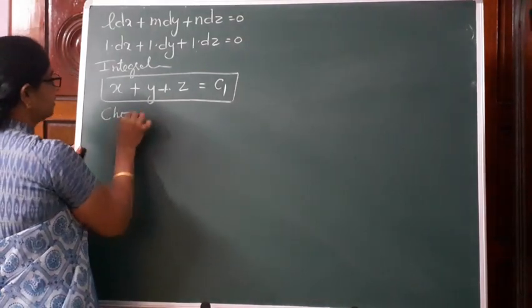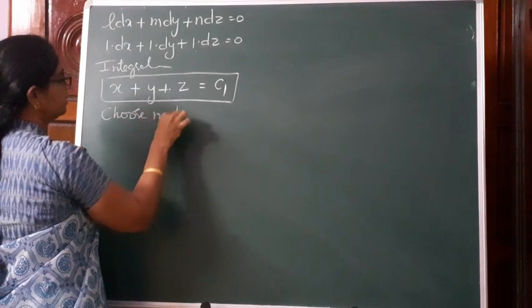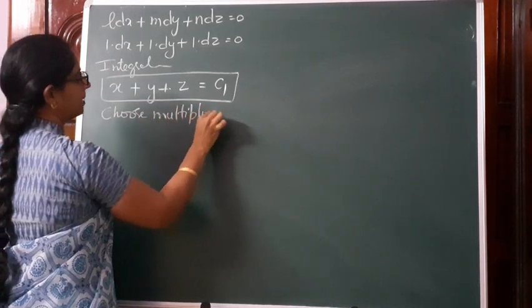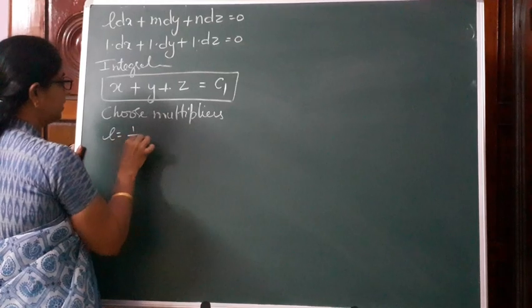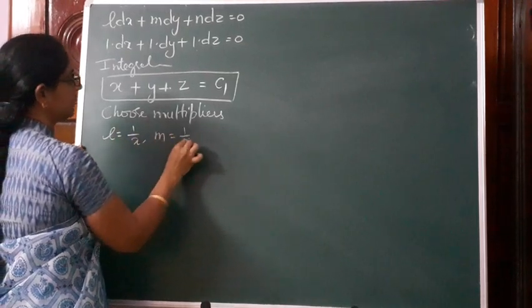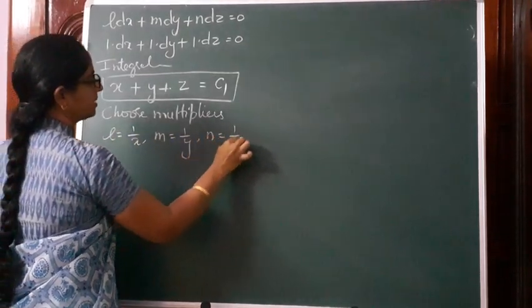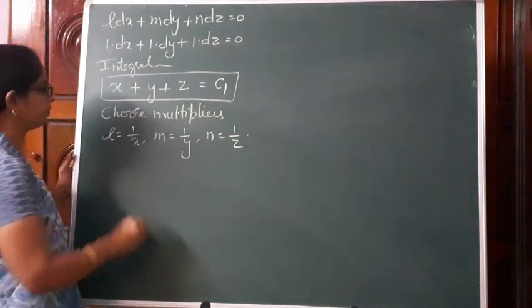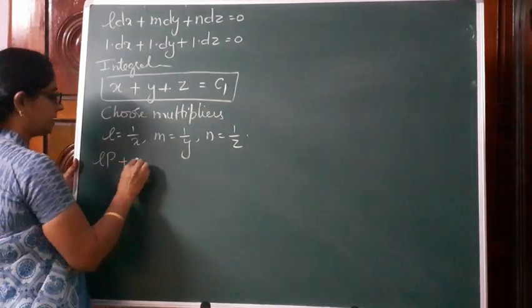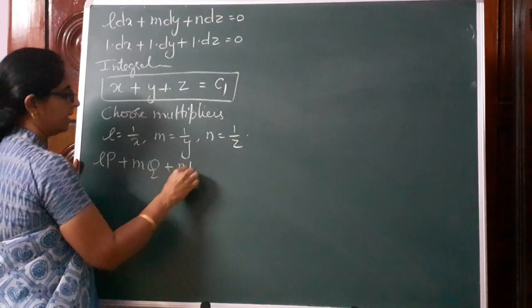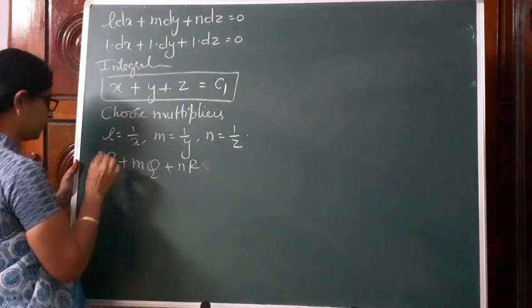Now choose multipliers L is equal to 1 by x, M is equal to 1 by y and N is equal to 1 by z, so that LP plus MQ plus NR is equal to, what is this value?